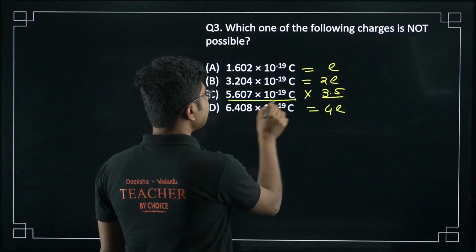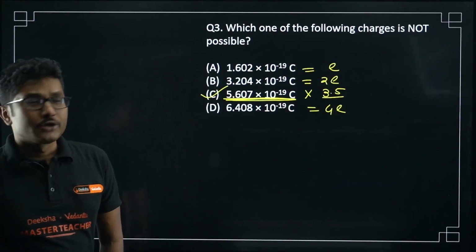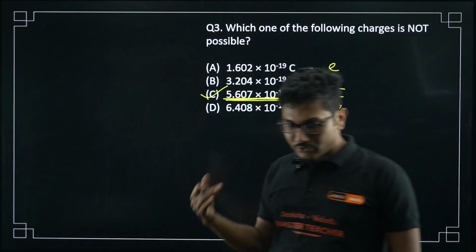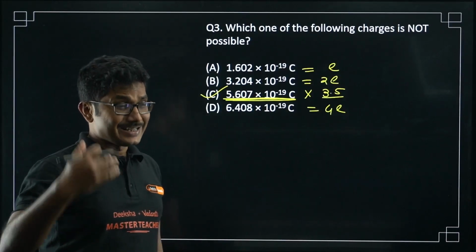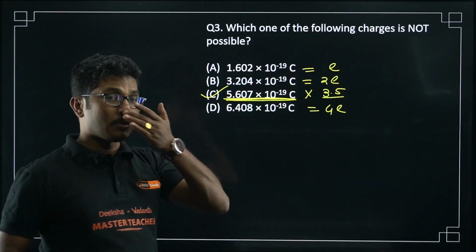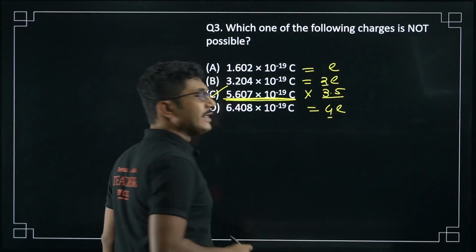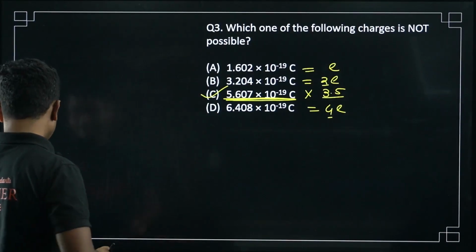So definitely this amount of charge is not possible. So the correct answer is option C. Be careful, as we know that all charges have to be integral multiples of the basic charge e. So they all have to have an integer value. If there is no integer value, then definitely this is not possible. So this is a very interesting question.